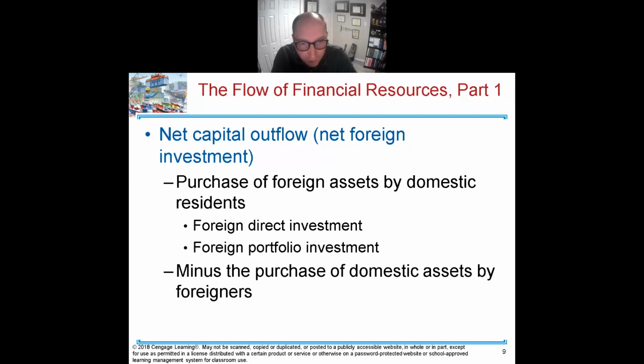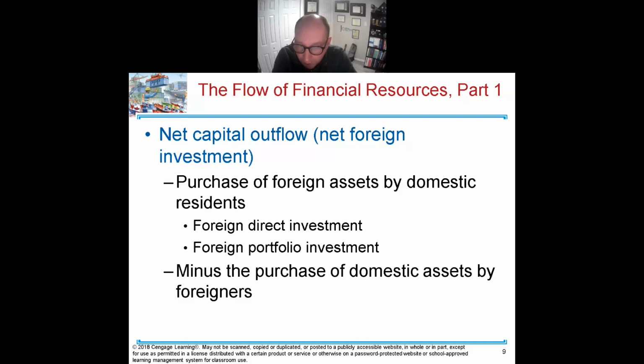Call that foreign investment. There are two types of foreign investment. One is called foreign direct investment, and the other is called foreign portfolio investment. As an individual or as a business, I can directly invest into another country by putting a building in that country, by purchasing a piece of land in that country, by hiring employees in that country.